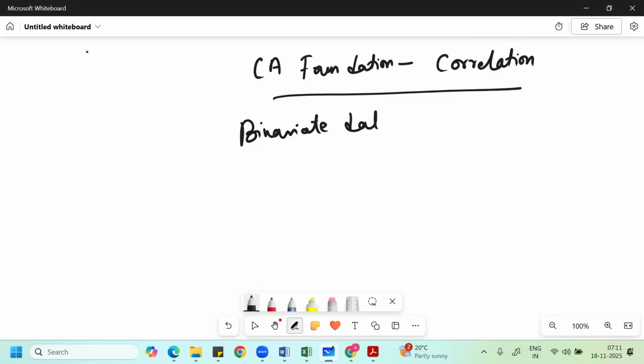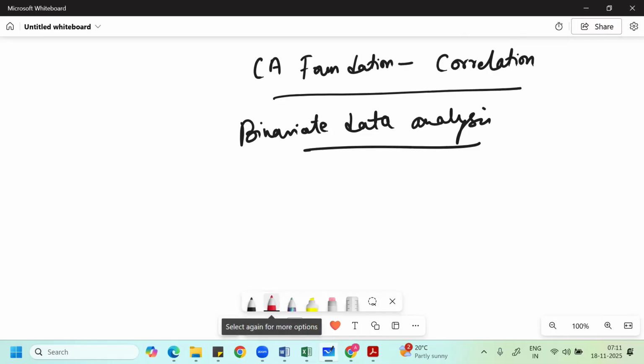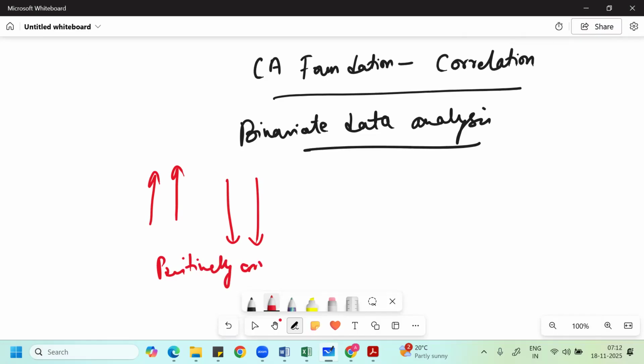Bivariate basically means where you are considering two variables. If I am trying to find the relationship between these two variables, where the movement of one variable does not affect the movement of the other, then these variables are said to be independent variables. And if both are going up together or both are going down together, it means they are positively correlated.